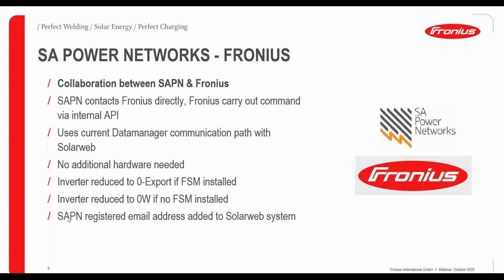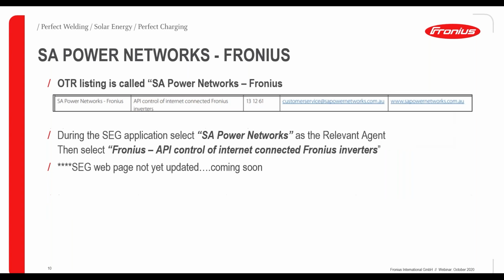In terms of utilizing this solution, you register with SAPN, and I'll go through some slides here. It hasn't been 100% implemented yet. We are listed officially with the OTR, and the one you want to select would be SAPN Networks / Fronius.